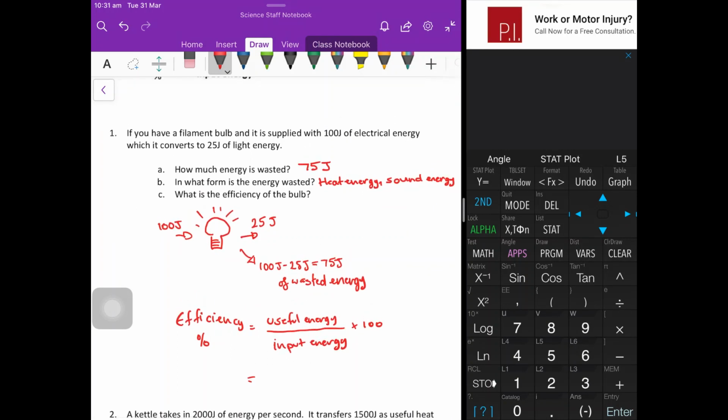So the useful energy is equal to 25 joules. So that's the energy that I want my light bulb to have. The input energy, so the total input energy, was 100 joules.